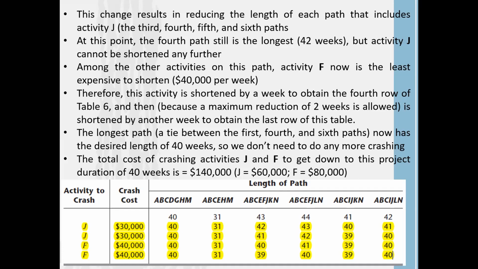Then find out among those critical activities which gives the least crash cost per week. Then try to reduce that activity by 1 week. Then you can find the longest path as 40. That 40 is your desired time period, so you end up with the crashing work. We call this calculation marginal analysis.